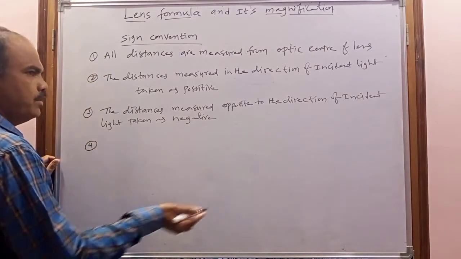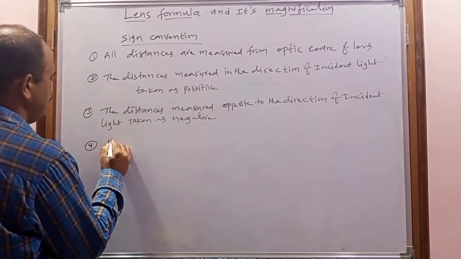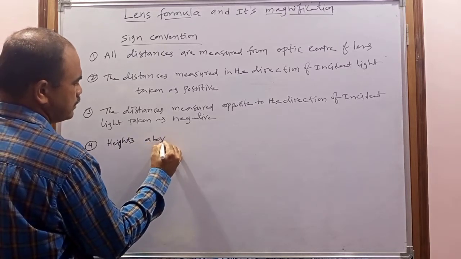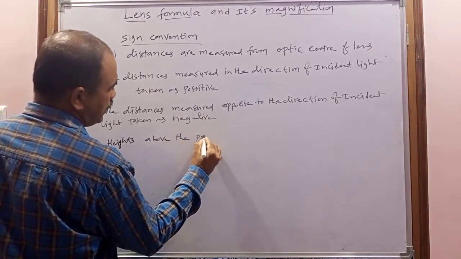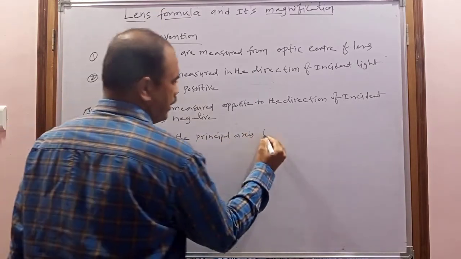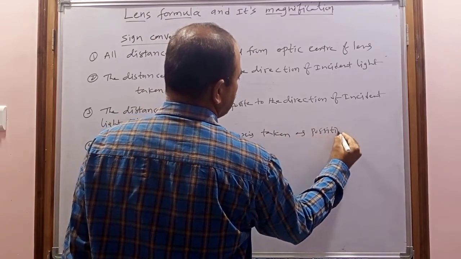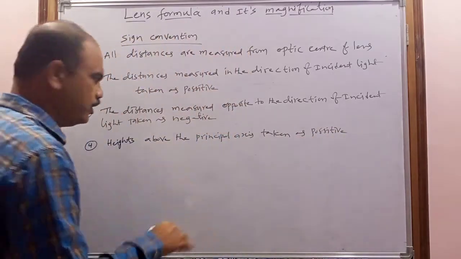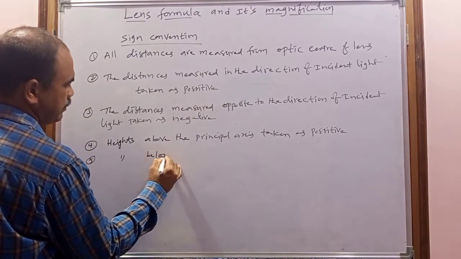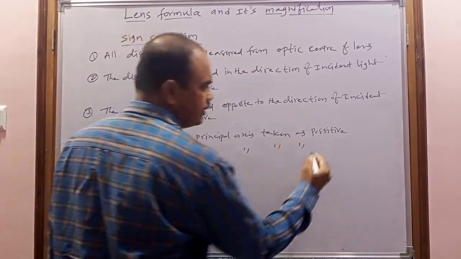Next, heights above the principal axis are taken as positive, and heights below the principal axis are taken as negative.